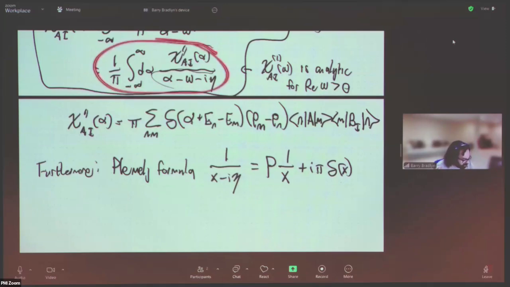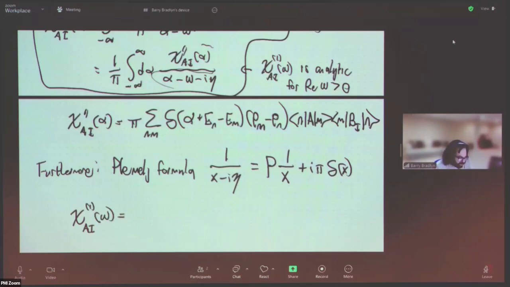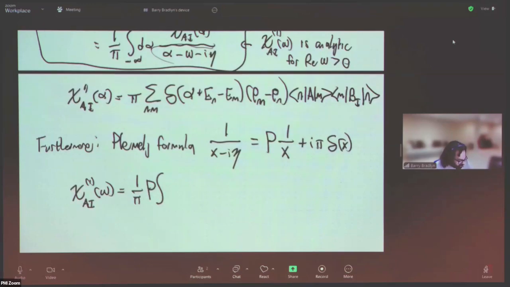Now, if we plug that in here, what we find is that our linear response function looks like 1 over pi times the principal value integral of alpha chi double prime, plus i times chi double prime of omega.